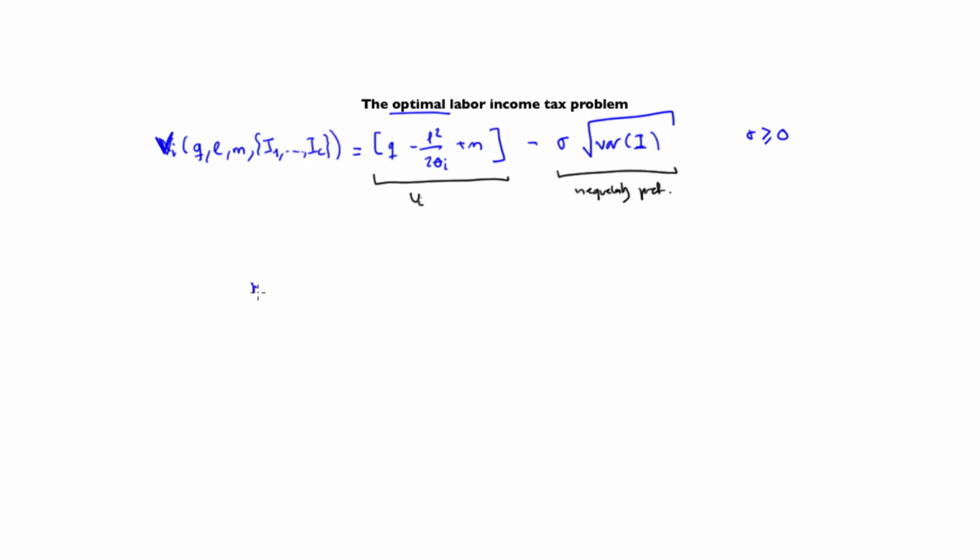Now, the optimal tax problem can be written as maximize over tau greater than or equal to 0 the sum over i of the B_i's, this big utility function, as a function of tau.